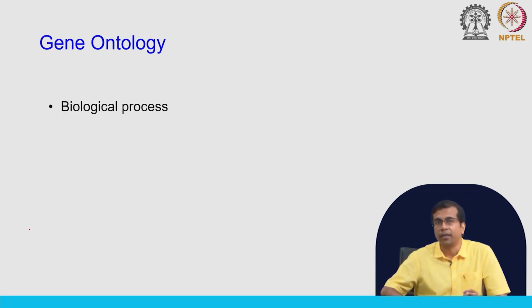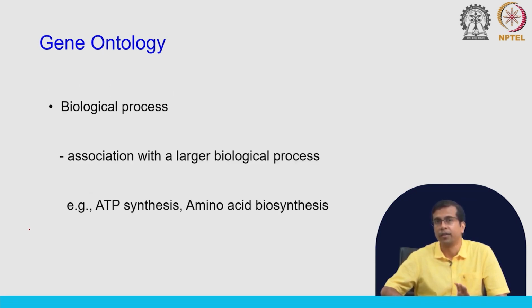The second part is the biological process. Okay. So, here it actually will associate the gene with a larger biological process. Okay. So, for example, you can say the gene is involved in ATP synthesis. Okay. It does not specify the actual molecular function, which part of ATP synthesis process it is involved in, that is not specified, but it is associated with ATP synthesis or maybe amino acid biosynthesis and so on, right.